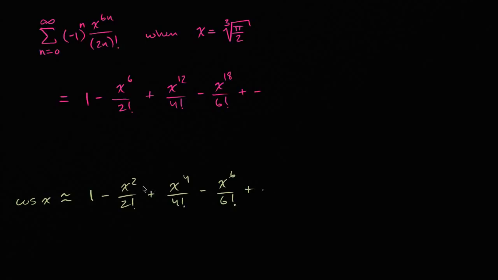And just like that, you're probably seeing the similarities. The first term is the same, the signs are negative, positive, negative, positive, and 2 factorial, 4 factorial, 6 factorial. The difference is the exponents on the x's. This is x squared, this is x to the 6th; this is x to the 4th, that's x to the 12th; this is x to the 6th, that's x to the 18th.